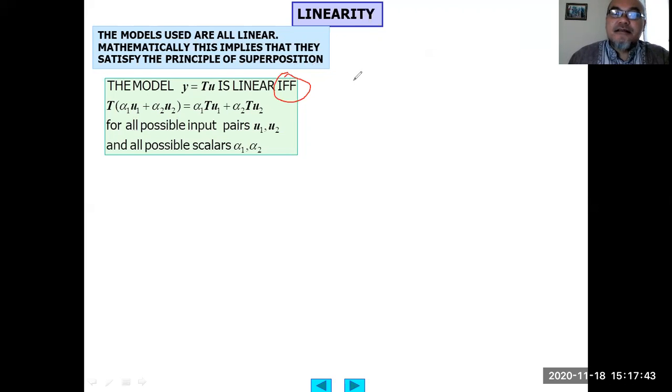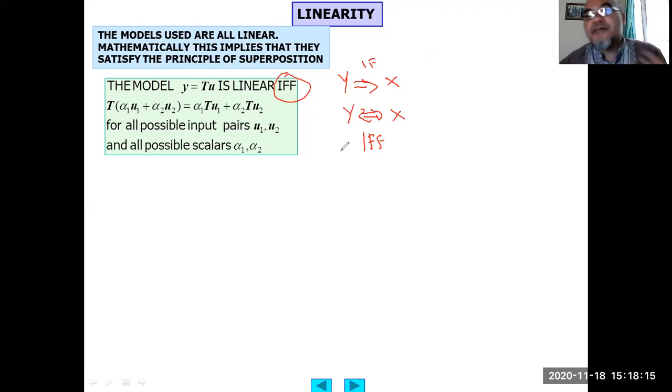If it is just like this, for example, a condition like this is if Y, then X. But if it is double direction, then it is if and only if. So this relationship is valid both ways: if Y, then X, as well as if X, then Y. That is the meaning of if with double F.